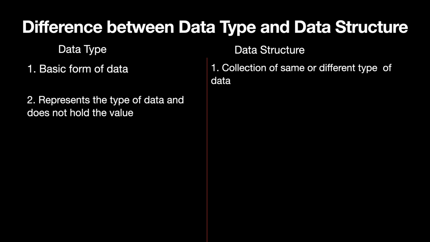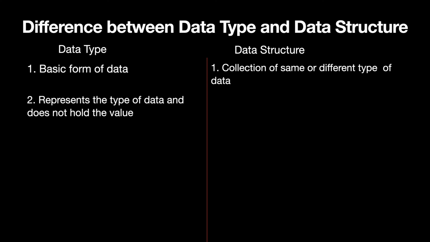Second thing is that data type represents the type of data and it does not hold a value. When you say int x is equal to 5, here we are storing the data. But if I only say int x, in some languages you have to define the data type before you can use it.